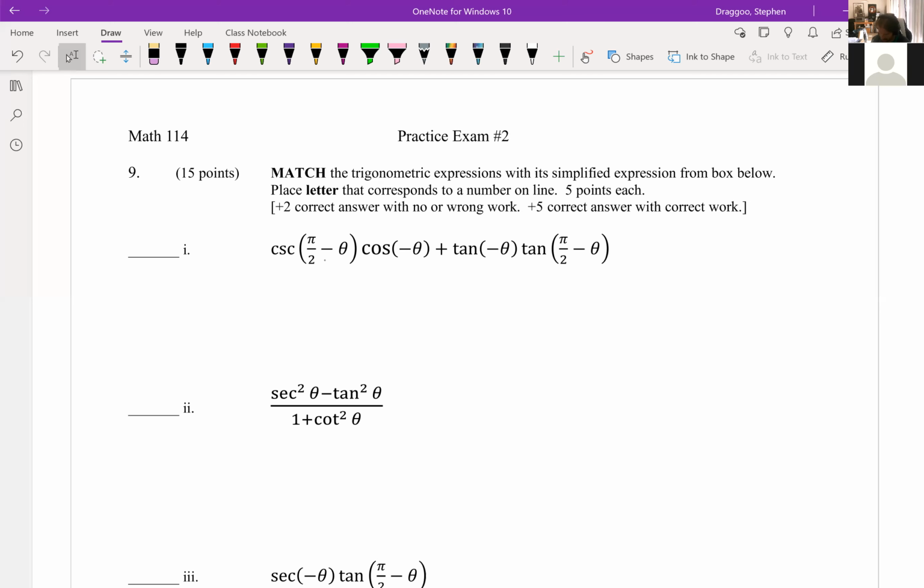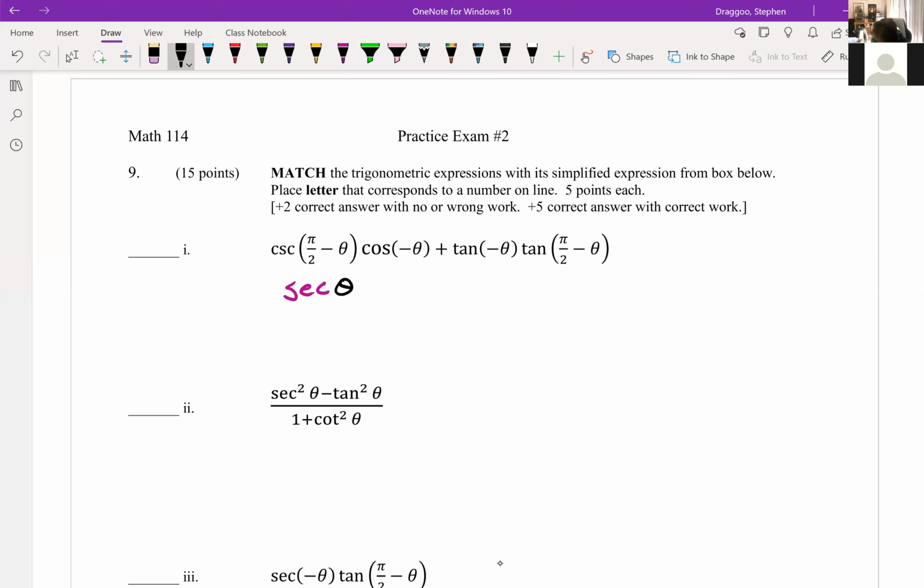Starting with part 1, I want to change anything that's a negative theta or a pi over 2 minus theta into its counterpart. So scanning through this first one, cosecant of pi over 2 minus theta, that's a cofunction identity. Cofunction of cosecant is just secant.